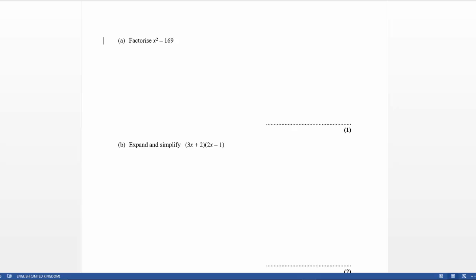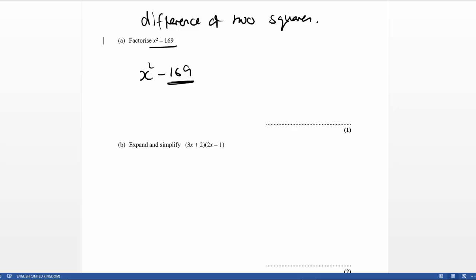Factorize x squared minus 169. Whenever you see a quadratic that looks like this, it's called a difference of two squares. You need to know this, guys. Now, x squared minus 169. This is a square number, 169.